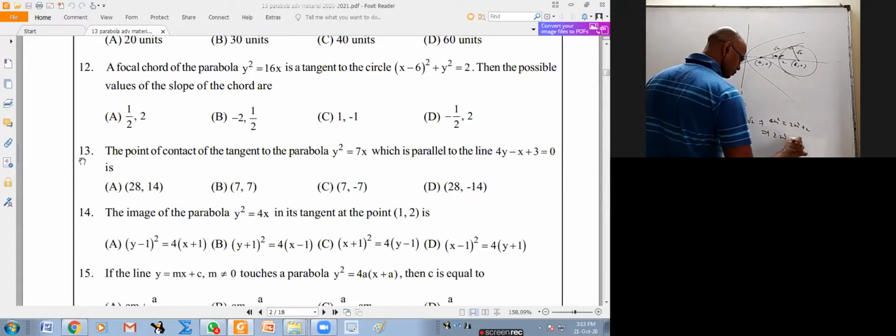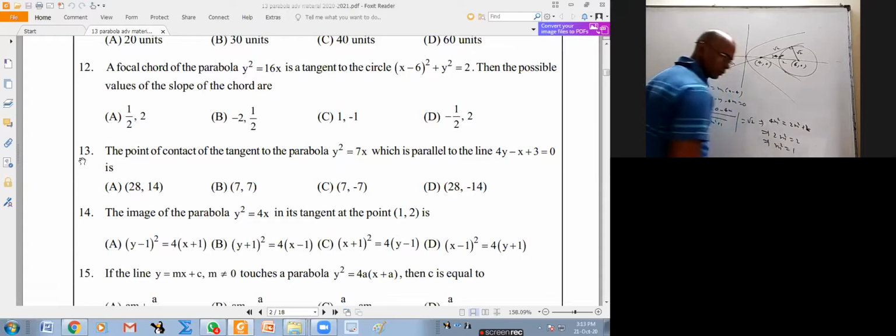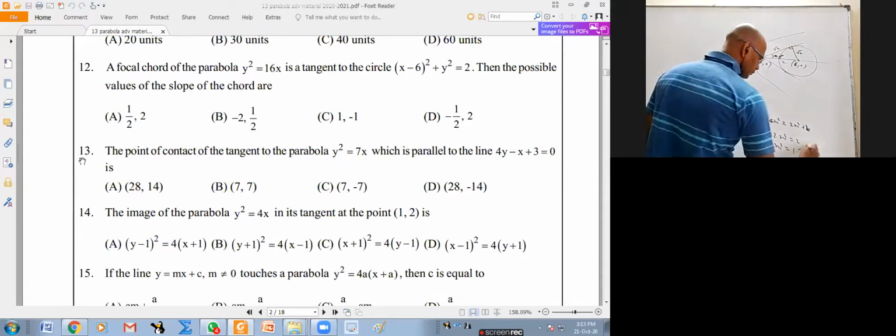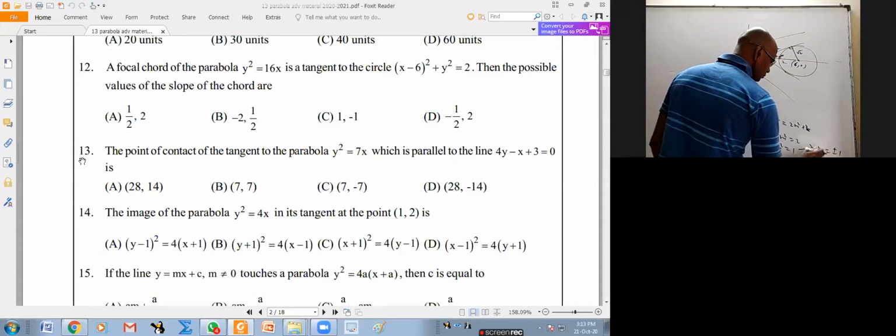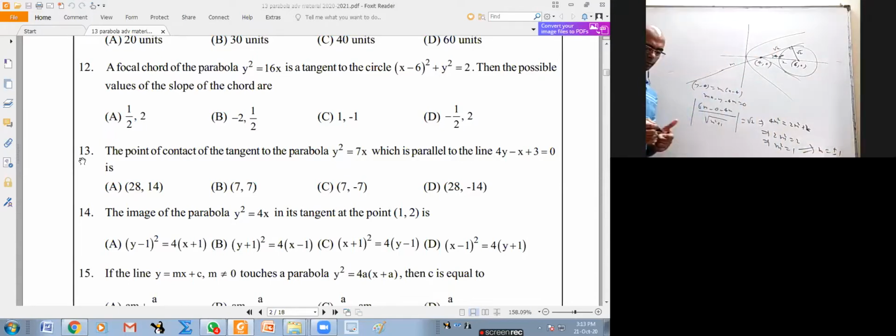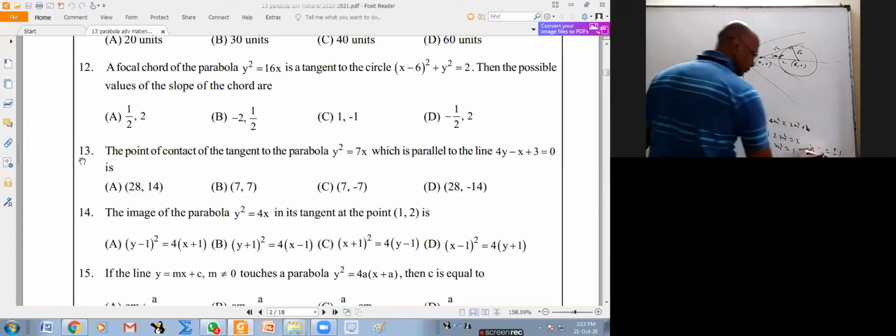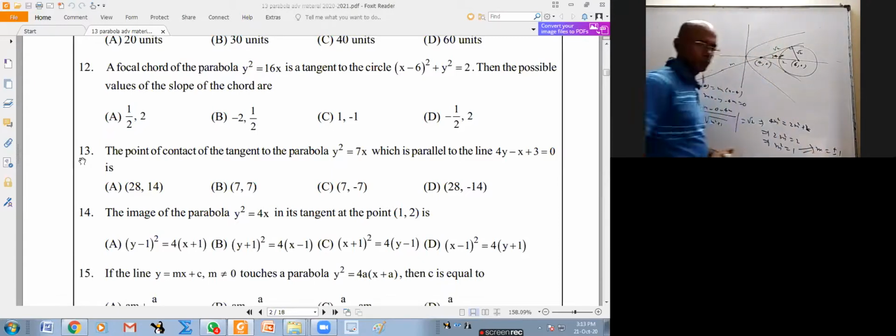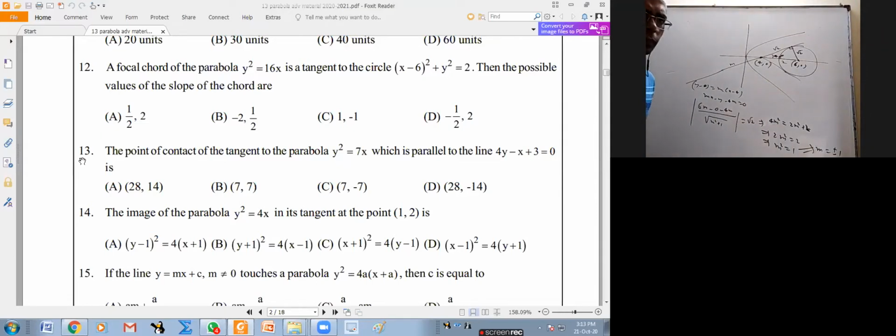That will give 2m square equal to 2. m square equal to 1. And m equal to plus or minus 1. So it's not only about the parabola, which is only used for finding the focus. Outside of that it is a simple circle question.